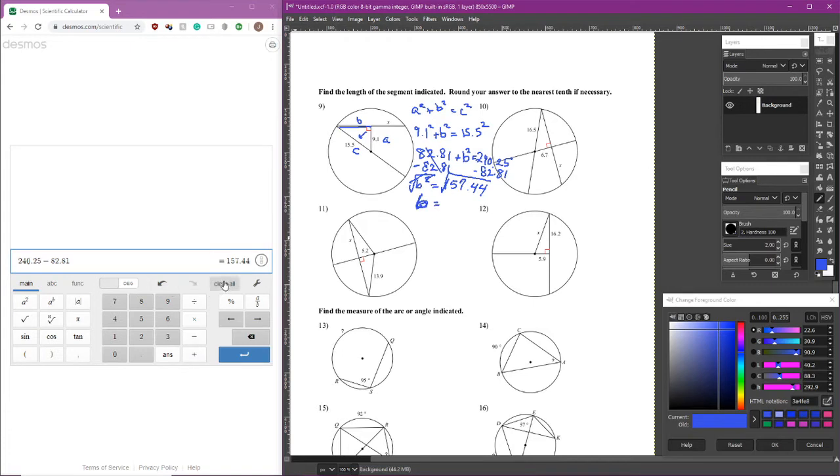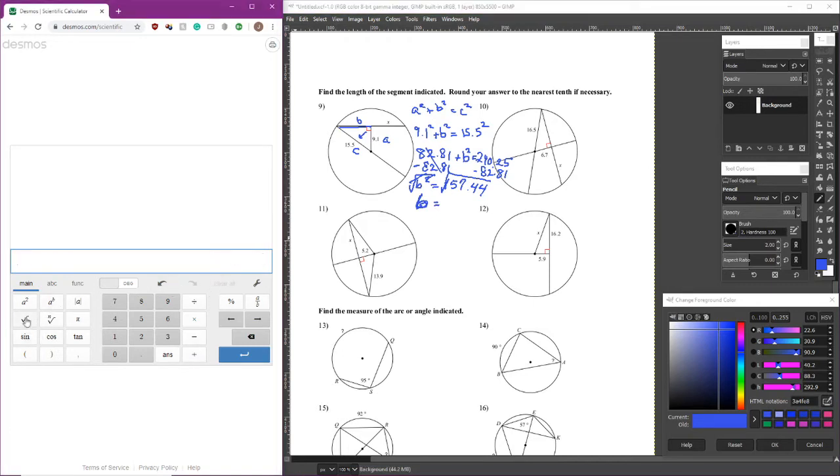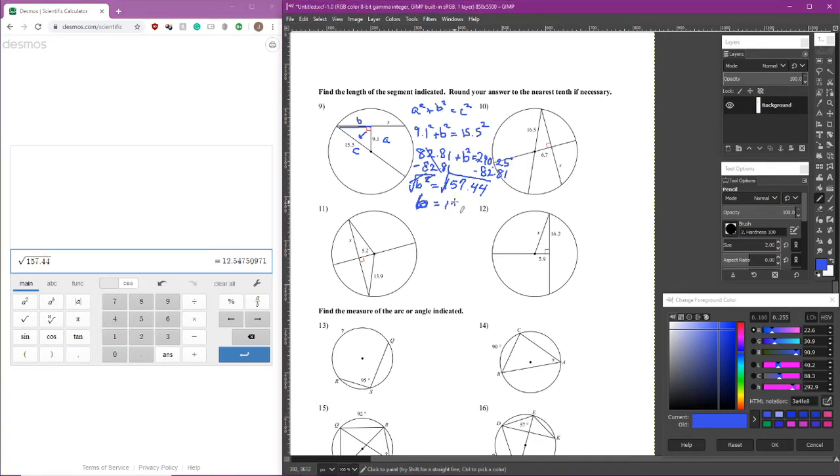Come on over to the calculator and take the square root of 157.44, and that's 12.5. It says round to the nearest tenth. That 4 is not enough to make it go up to 12.6, so B equals 12.5.